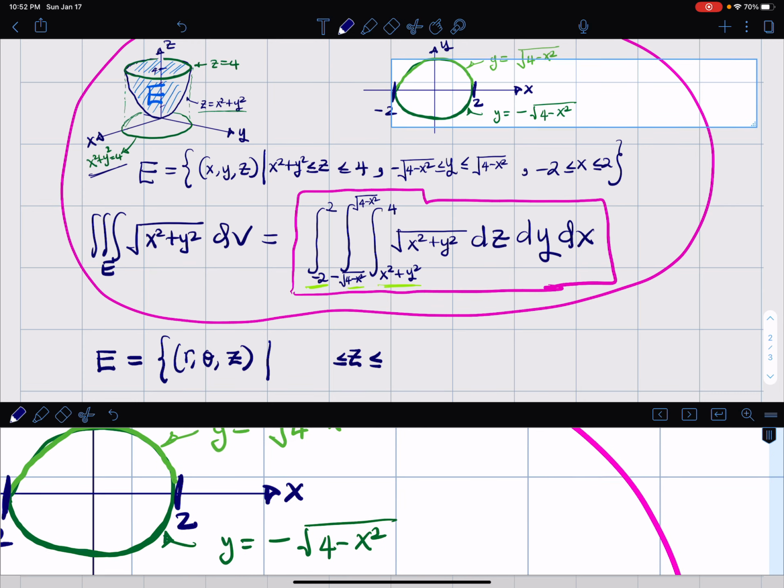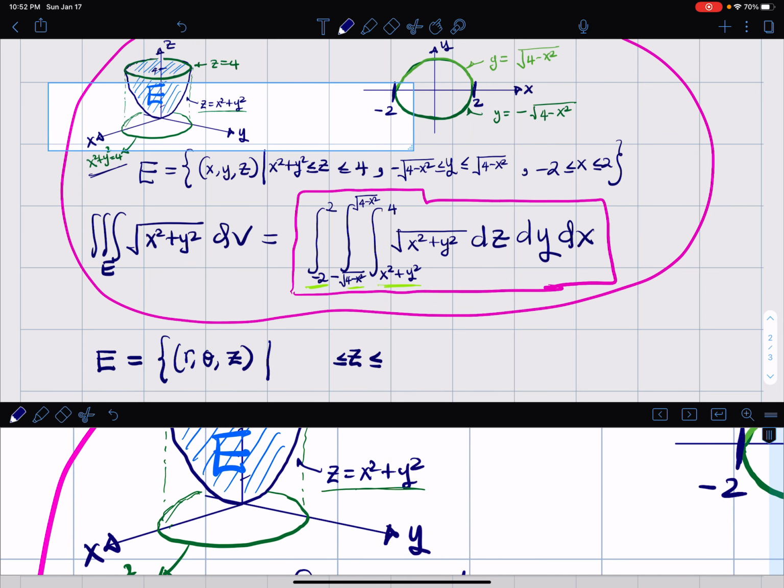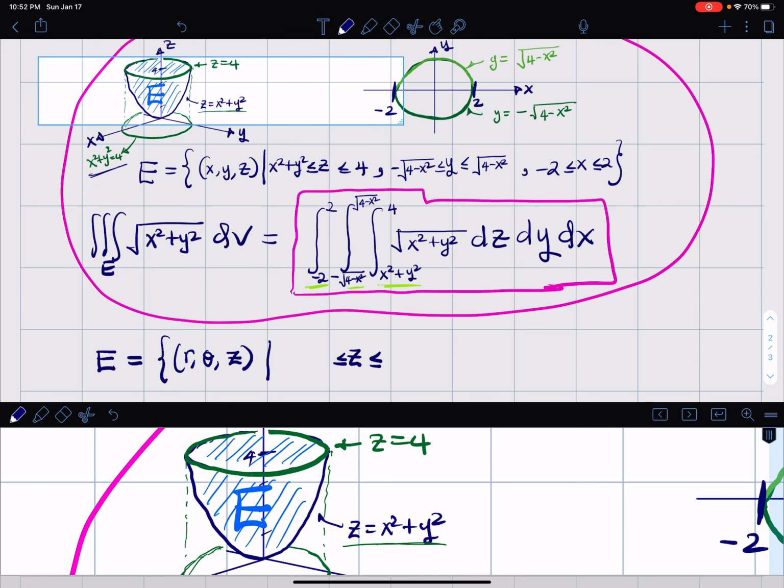If you take an arbitrary circle around this region, you know its radius, and you can describe it as x squared plus y squared equals r squared.